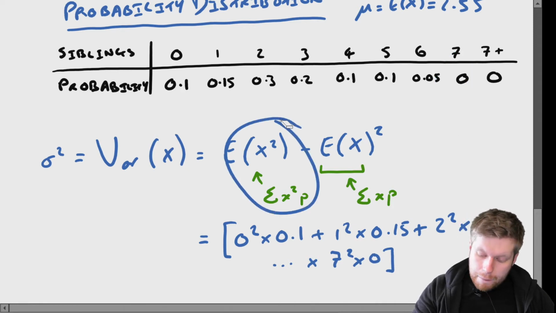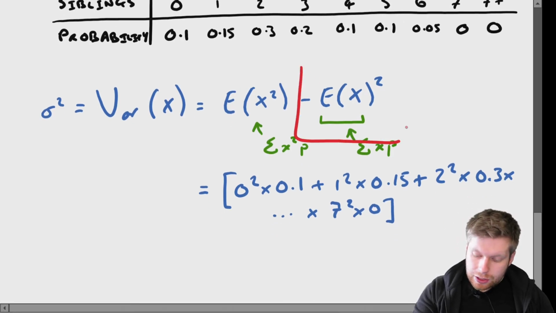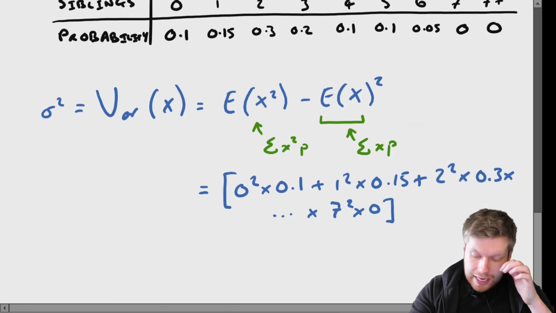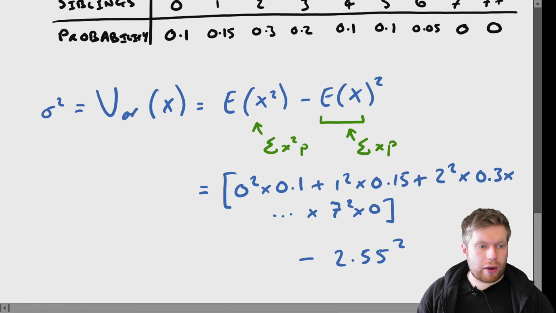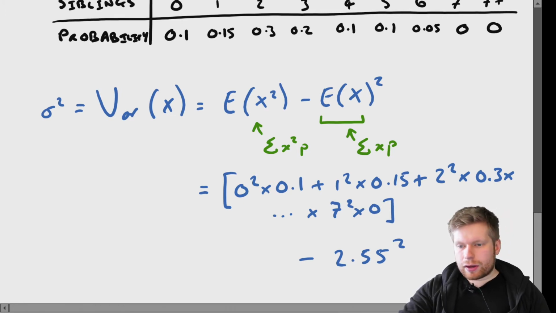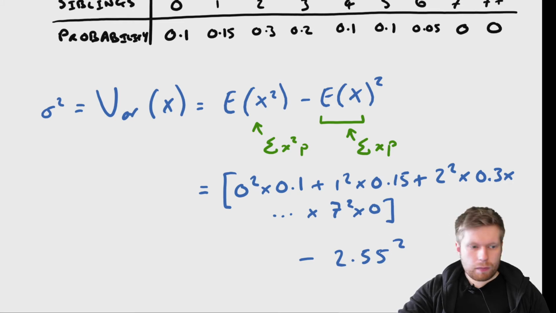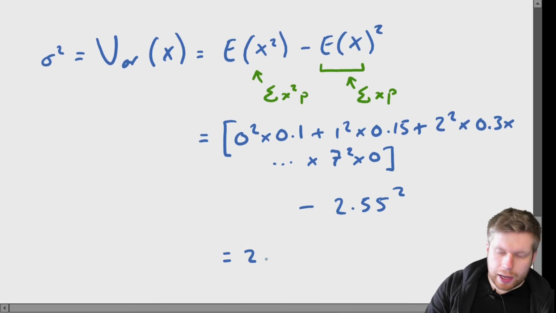But then don't forget, once you've calculated all of that, to do this last one at the end. You need to take away the expectation squared. We've already found the expectation, it's going to be 2.55, and then we just need to square it. That's how you should calculate the variance. If you calculate that, regardless of which way you calculate it, you'll find the variance should be about 2.55.